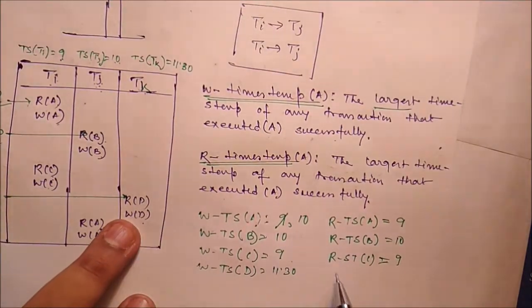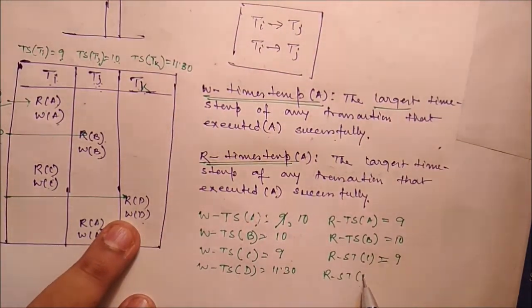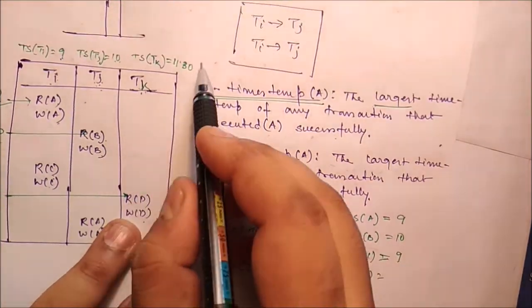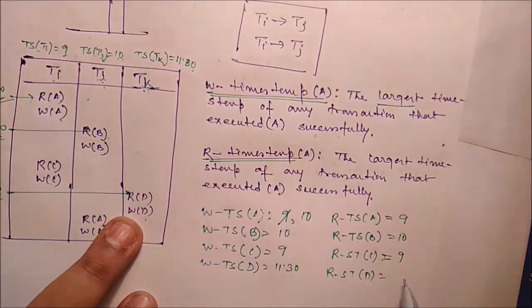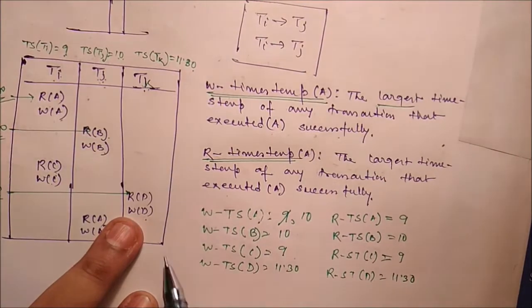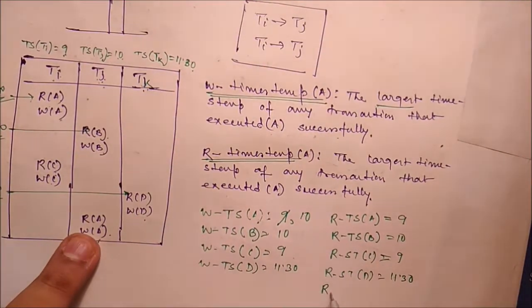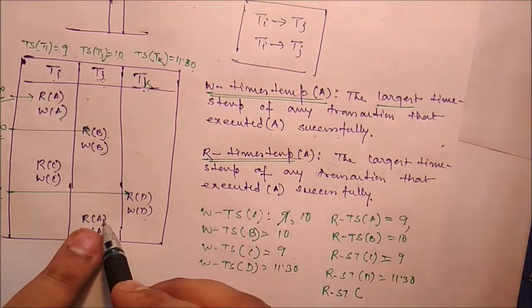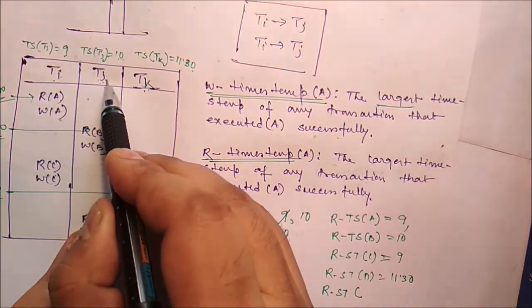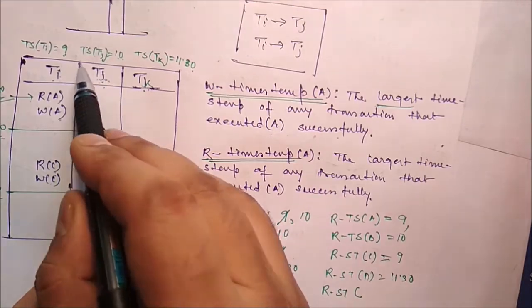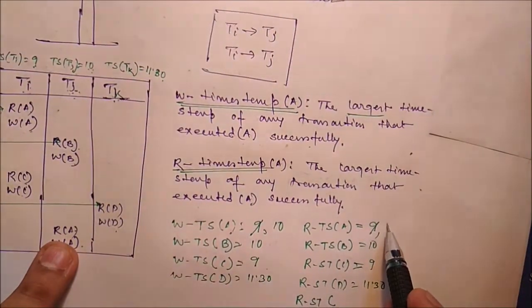Next is D, successfully done by the transaction Tk, here the TSTK is 11:30, so it should be the 11:30. After that, read A, successfully done by the Tj after Ti, so TSTJ is 10, so we have to update it, should be the 10.